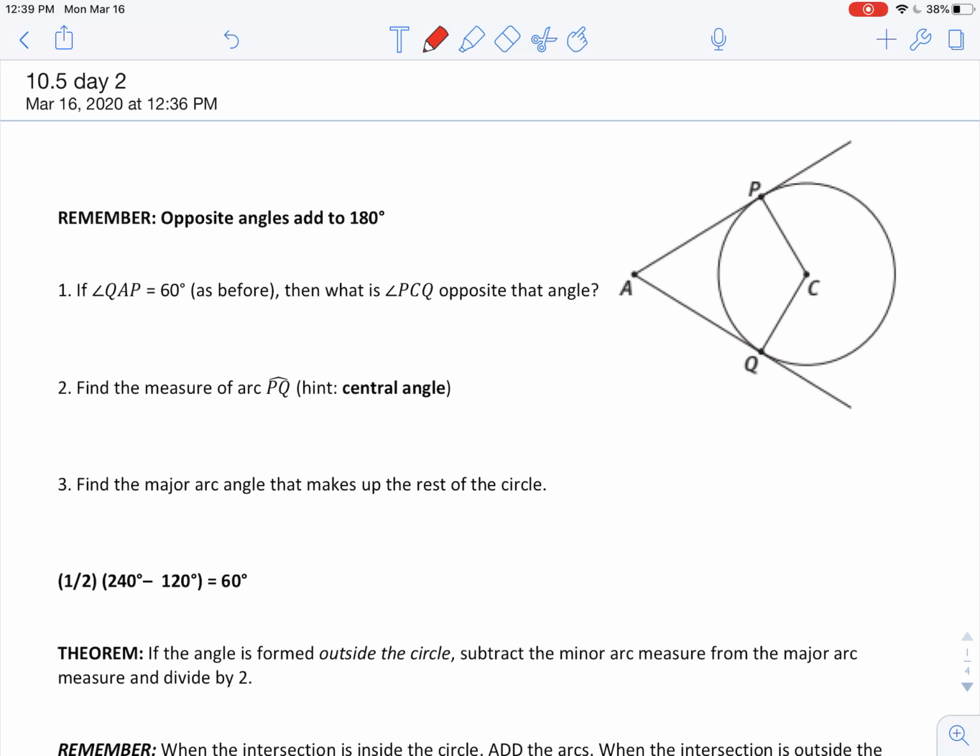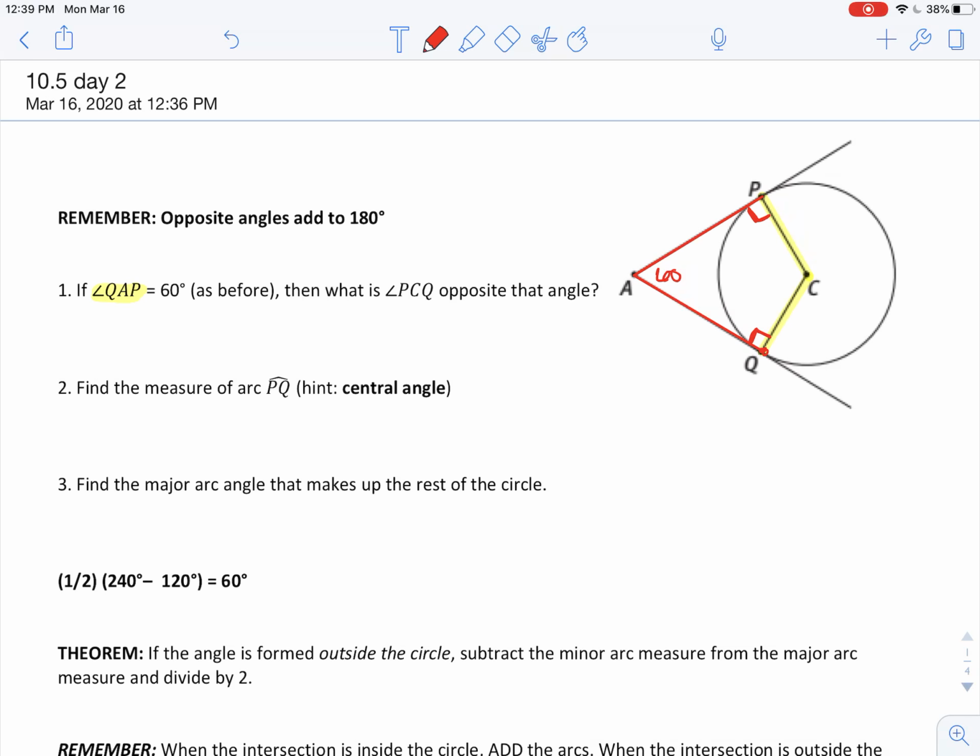So there are a couple things we need to worry about here. So let's see. If angle QAP is 60, then we've got to think about two things. One, what do we know about our angles formed by a radius and a tangent? And two, what do we know about these opposite angles in our quadrilaterals? So I know the angles formed by a radius and a tangent have to be 90 degrees.